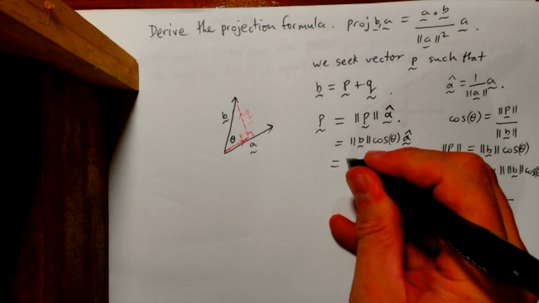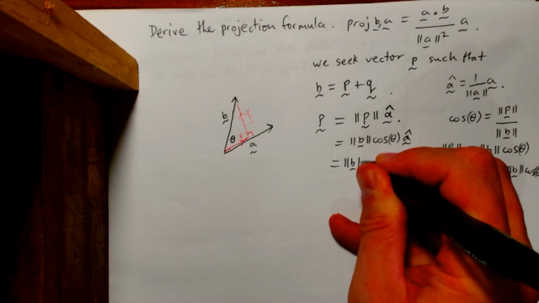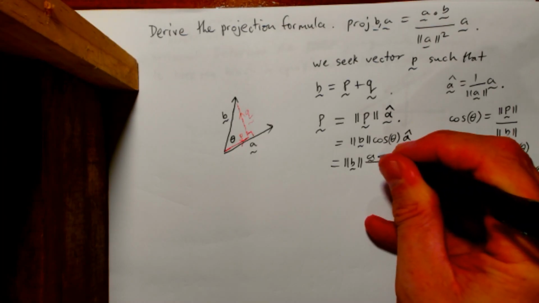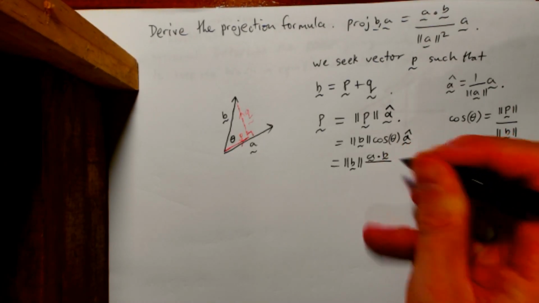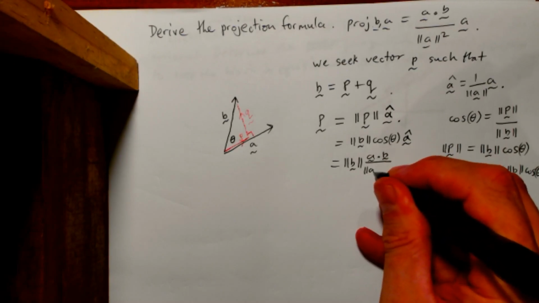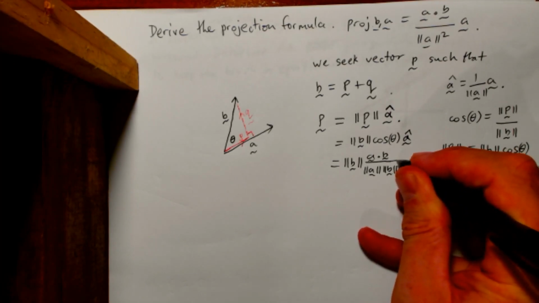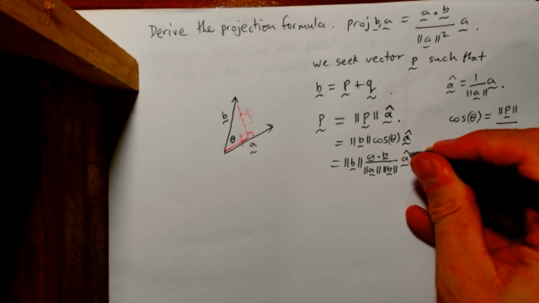So the norm of B multiplied by A dot B, remember that's a scalar, over the norm of A times the norm of B, and then we still have A hat over here.